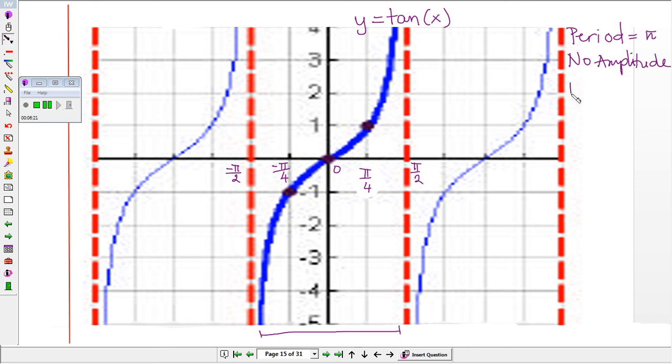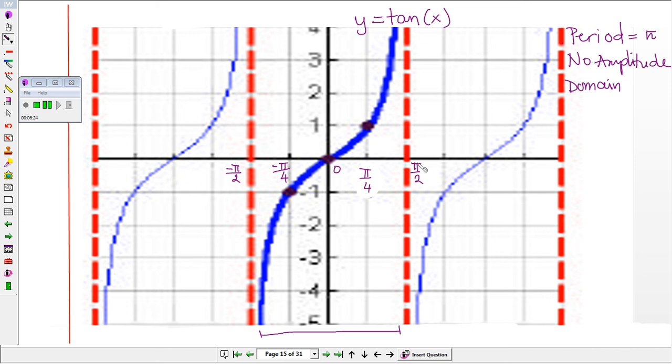Now let's talk about the domain. Again, you can see right here that the graph will take every single point on the x-axis. I'm looking at three periods right here, except where the vertical asymptotes are.